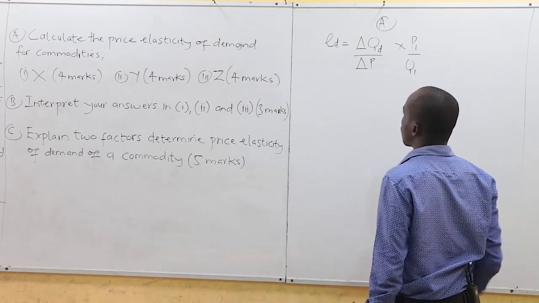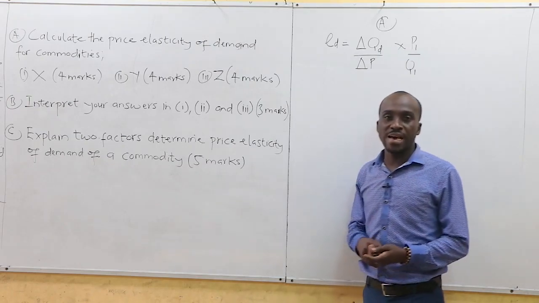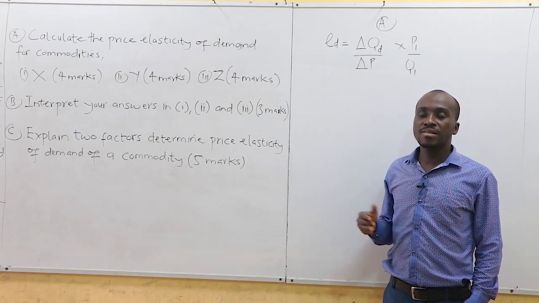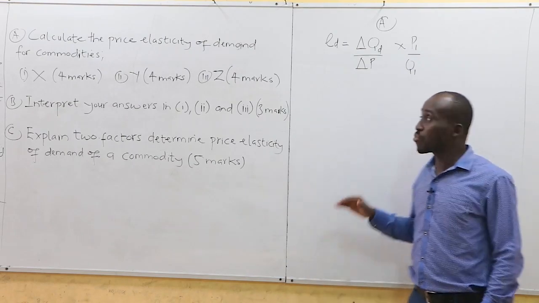This is the first approach. So let's use this approach to solve for commodity X. After that, we take the second approach. I want to show you both approaches. So I'll take the first approach and do it for commodity X.